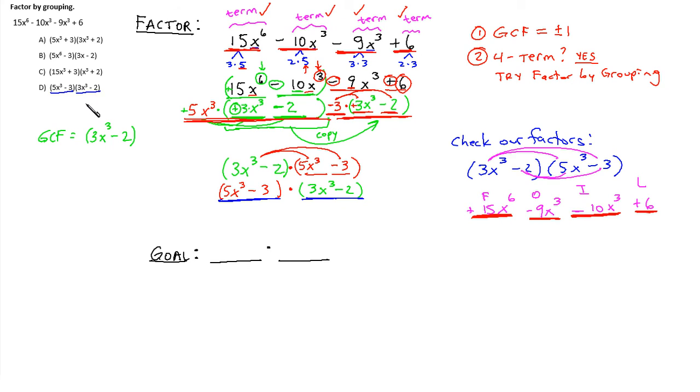The only answer that has both correct factors, let me check again, 5x cubed minus 3 times 3x cubed minus 2. Yes. The only answer that has the correct factors in it is answer D. So we've completed our test, our exam, wherever this question is appearing. The final thing you need to do is choose the correct response, D.